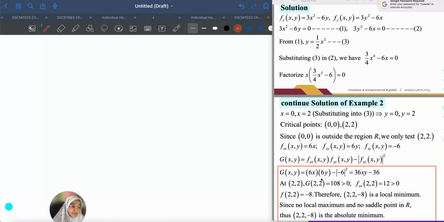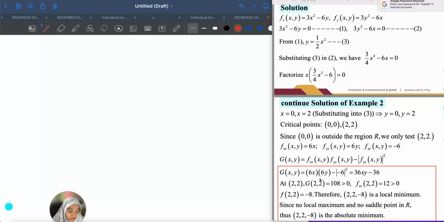Okay, you are given a function, and that function must agree with the condition given. Then how can you find the x and y value, or the point that satisfies the condition or the constraint based on the function given?